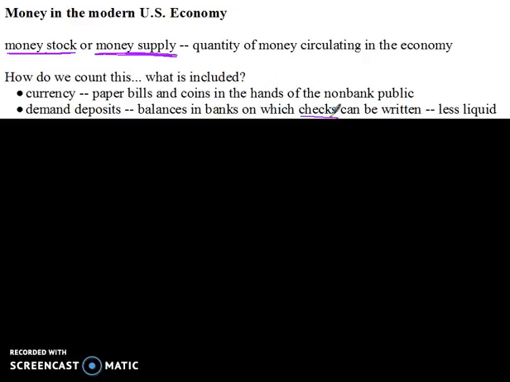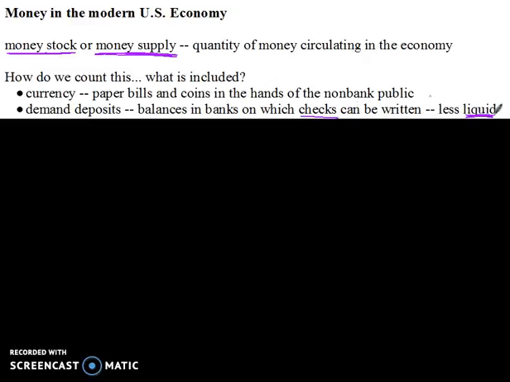And remember, one of the characteristics we said of money is that it's used with regularity. This isn't real regular, but people still do it. You go to the grocery store, you write a check, and you walk out with your groceries. Now, the key when we think about whether to call checking accounts money is to ask the question of liquidity.